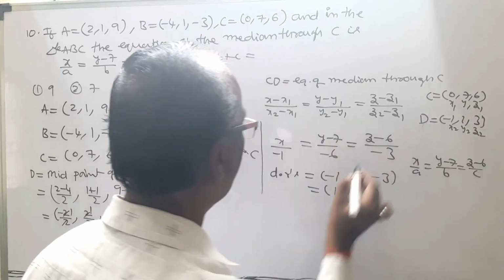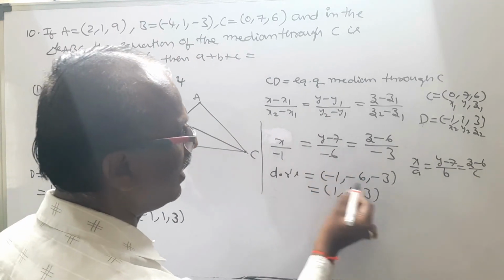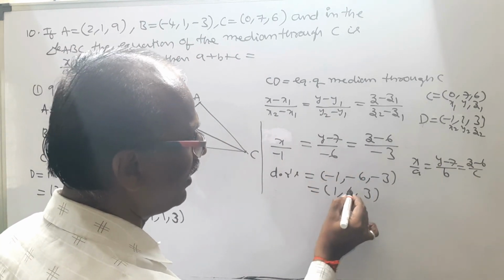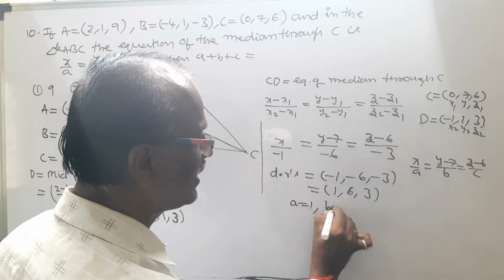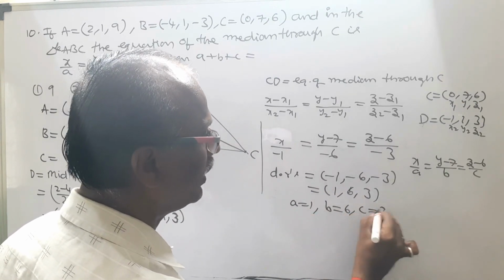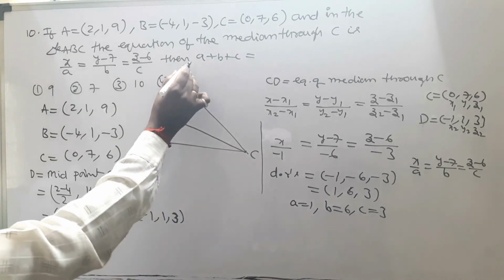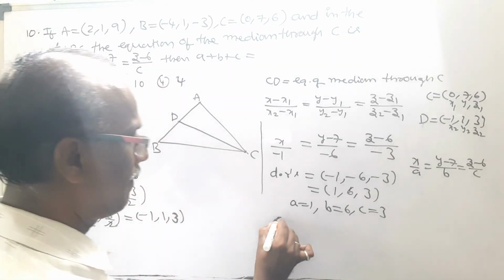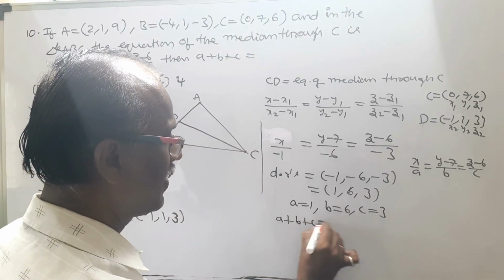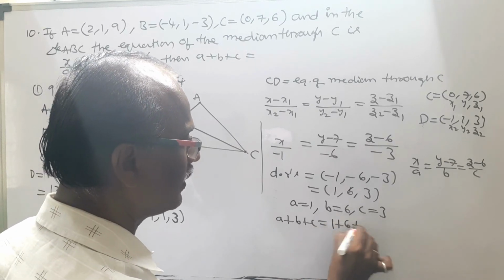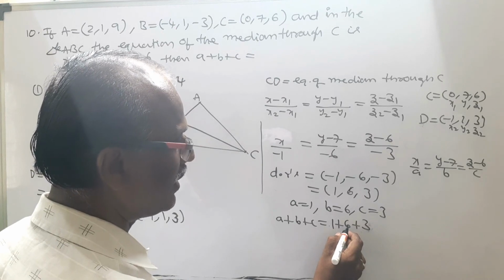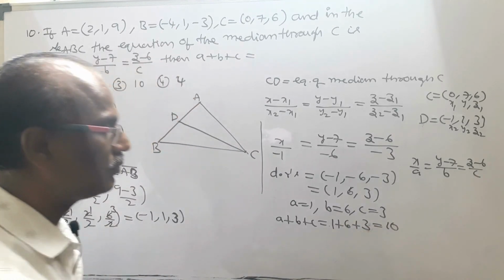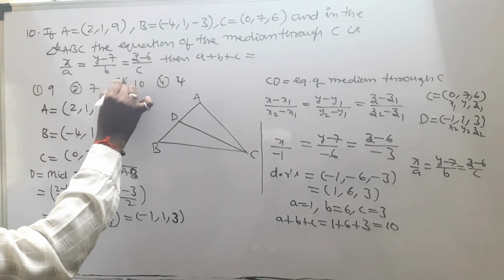This is in the form; these are the a, b, c, the DRs multiplied with minus 1: 1, 6, 3. Here a is equal to 1, b is equal to 6, c is equal to 3. To find the value of a plus b plus c: 1 plus 6 plus 3, 1 plus 6 is 7, 7 plus 3 is 10. Here the third option is correct.